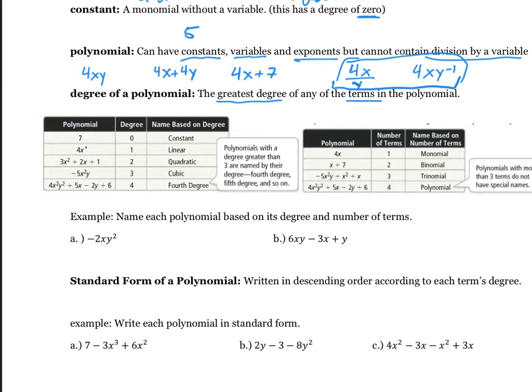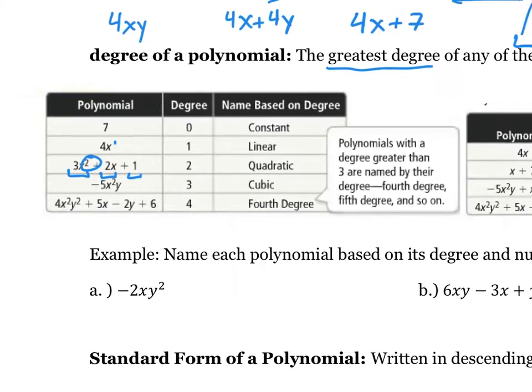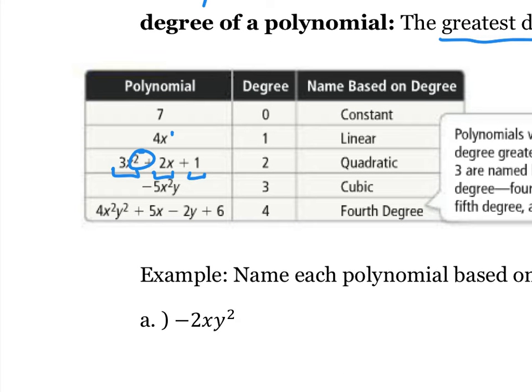Here we have 3 terms, so we need to look at the variables in every term and see which one has the highest degree. Well, this here is the highest degree, so therefore it's a degree of 2, and it's called a quadratic. If we look at this, we just have one term, and we have a degree of 2, and we also have a degree of 1, and when I add them together, I get 3, which makes it a cubic.